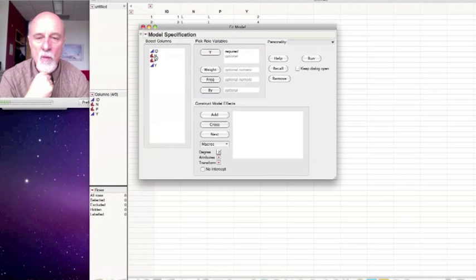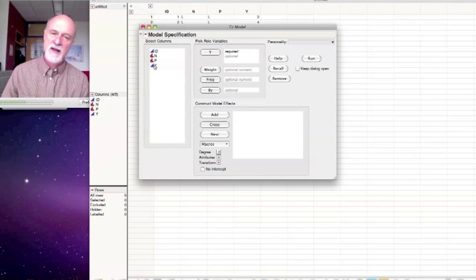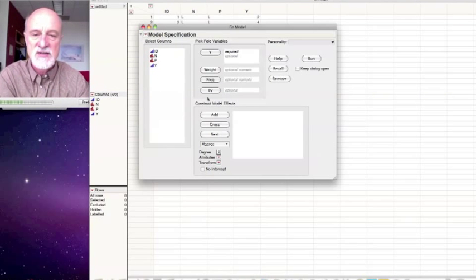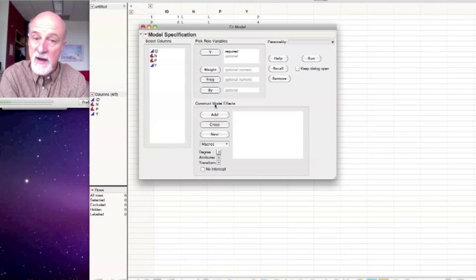And when you set up your statistical model, what you're doing is you're saying, okay, I am proposing that y is a function of x, that my dependent variable is a function of nitrogen and phosphorus levels, and I'm going to construct the model based upon my analysis of variance hypotheses, right? So what did I hypothesize?